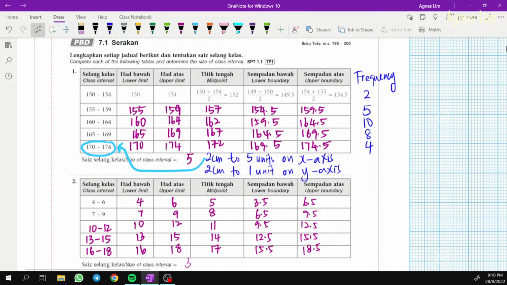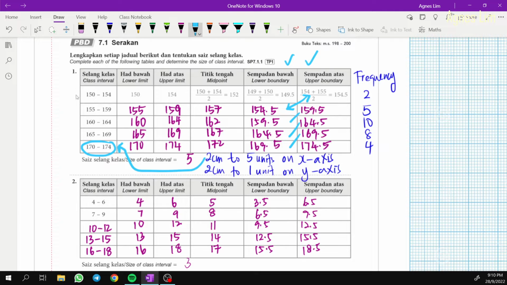Okay, so that is the one that you are going to look. So you have to see whether the 5 units given here will match the size of your class interval. Okay, so in this case, of course, it match because I'm the one who made it up. So we are going to use our lower and upper boundary. Like I mentioned earlier, the upper boundary of the first class and the lower boundary on the second class is actually the same number.